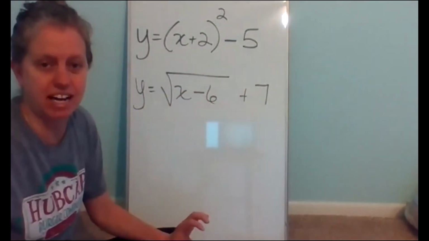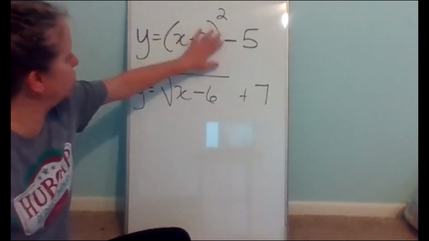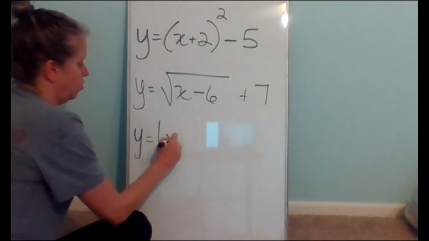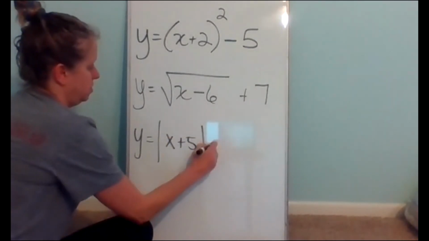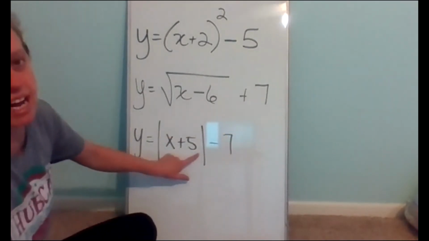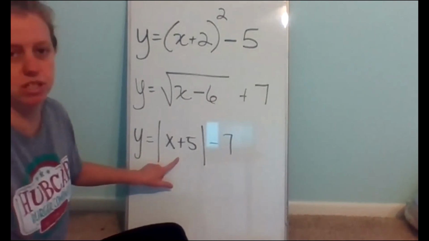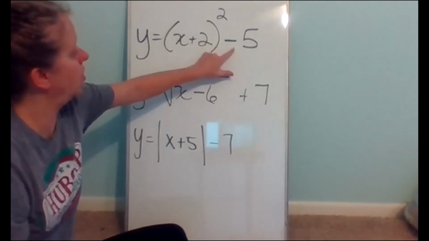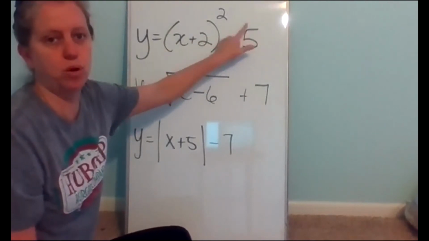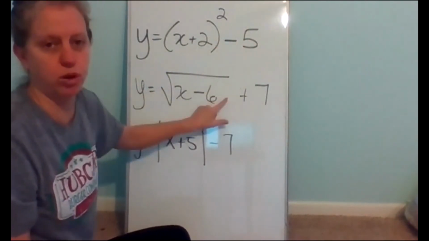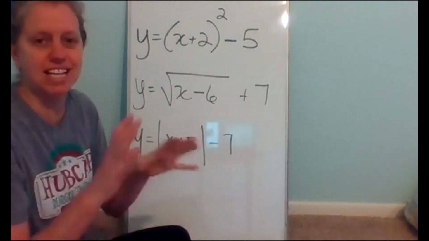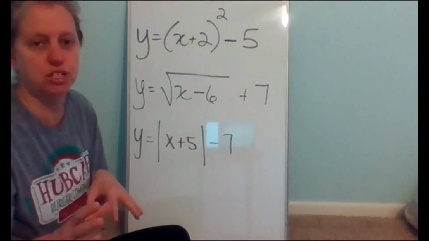Those are inside numbers. Again, inside parentheses, or inside square roots, or inside absolute values. The outside numbers are the numbers that are outside of your parentheses or square roots or absolute values. That's the difference between inside and outside numbers.